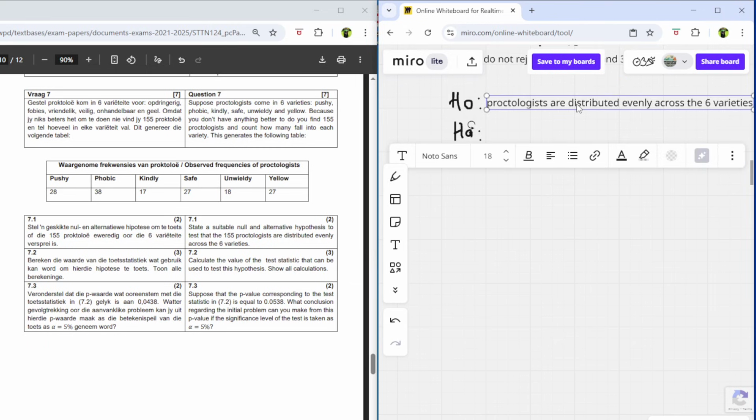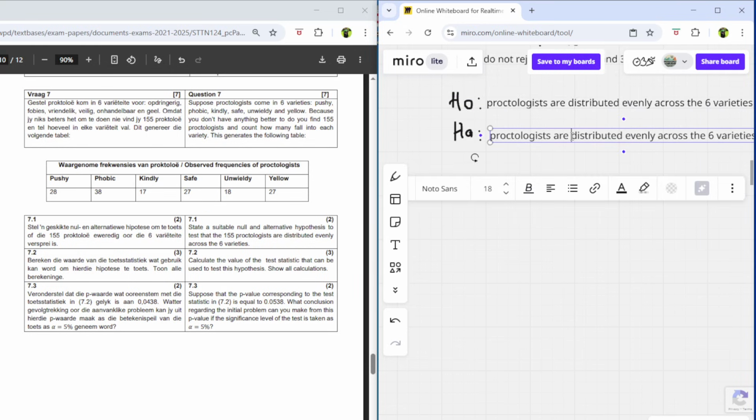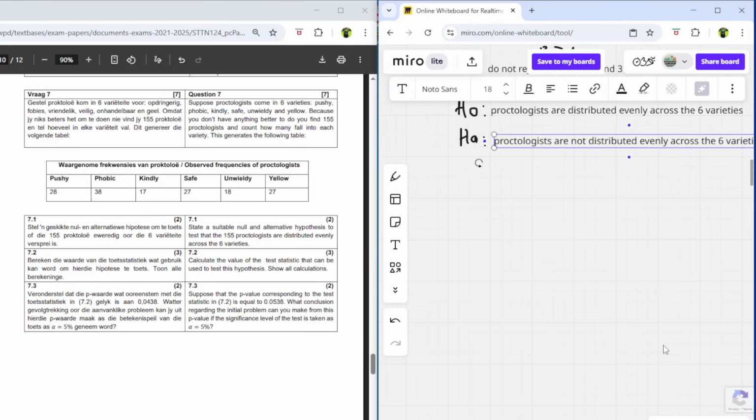And for your alternative, you're going to say proctologists are not distributed evenly across the 6 varieties.